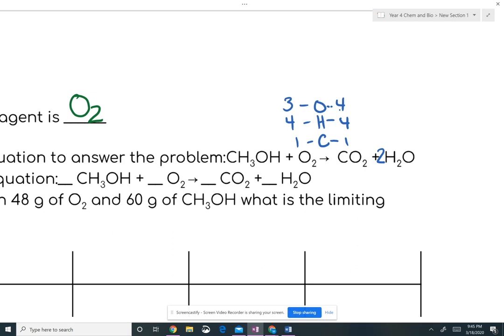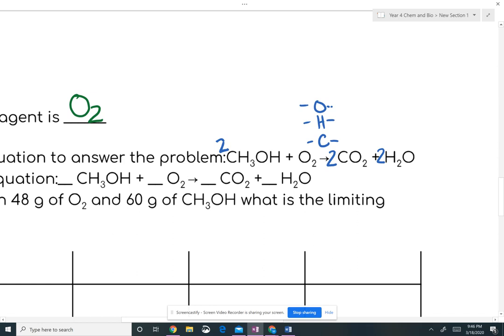So we're going to try this. I'm going to put a 2 in front of there so that my numbers can kind of even out. But as a result, I am going to have to add more oxygens, but that would be a lot simpler than trying to do something big on here. Okay, so because of this, I'm going to have to put a 2 in front of there, right?